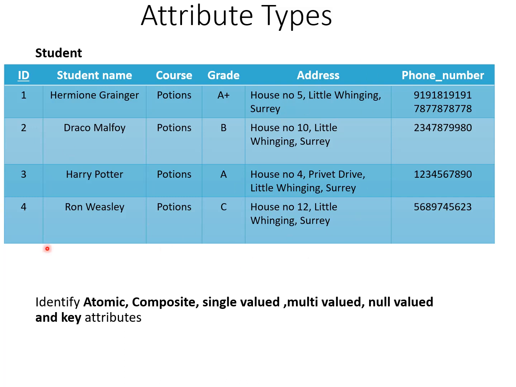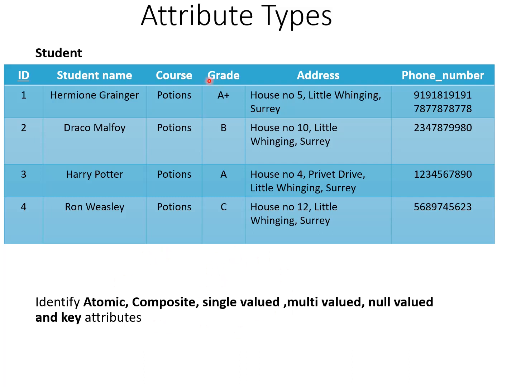So now in this particular example, can you identify atomic, composite, single valued, multi-valued, null valued and key attributes? One example for the atomic attribute is ID. For a composite attribute, say if I take the phone number, I could say 91, that means it's from a particular country, followed by the number.